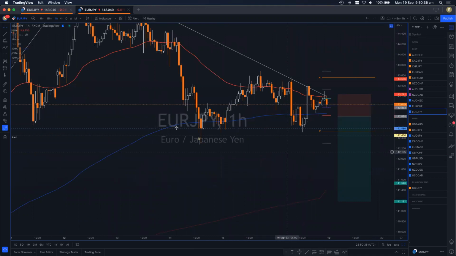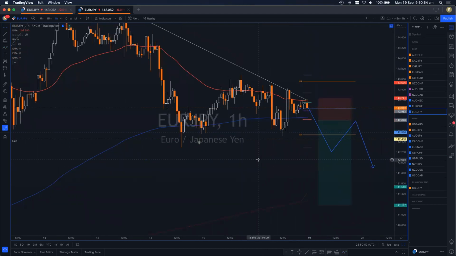Now it's been kind of expecting this level and this 4-hour 50, so I want to see a very clear break of the 4-hour 50 and these lows before pulling back to the 4-hour 50 and then having a short trade from there. So that's something that might happen late today, maybe tomorrow morning. See how that one plays out.